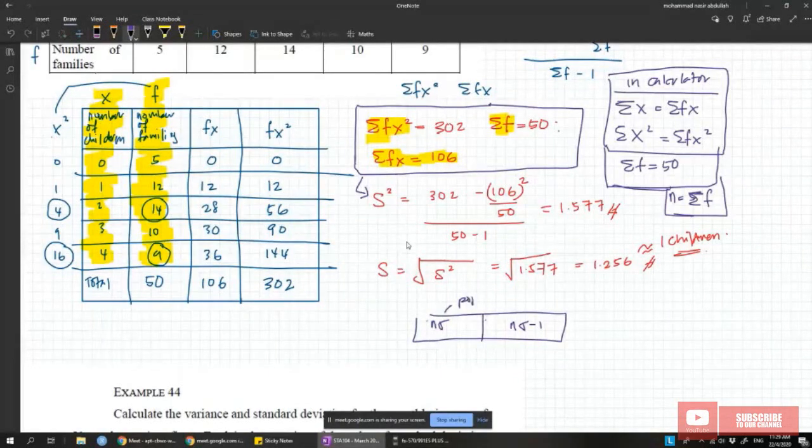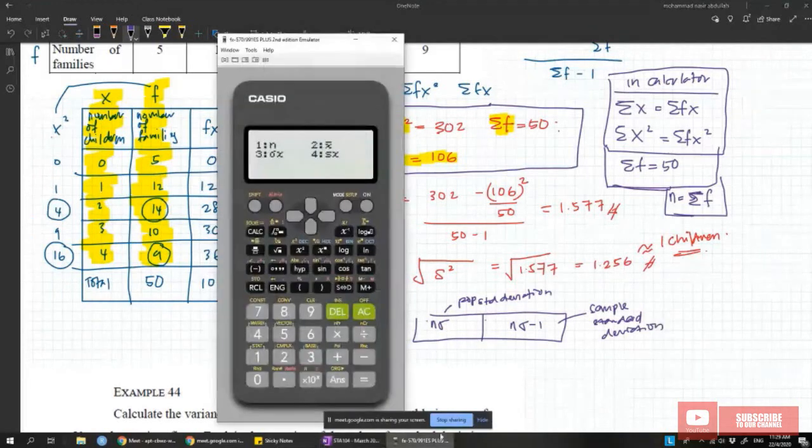This is the population standard deviation, and this is the sample standard deviation. For the new calculator, sigma x is the population standard deviation, and sx represents the sample standard deviation.